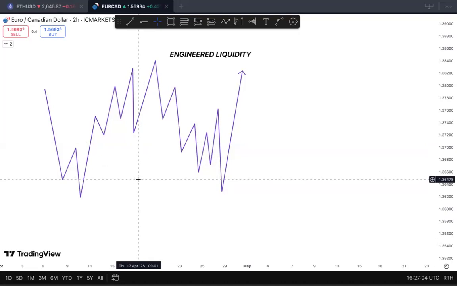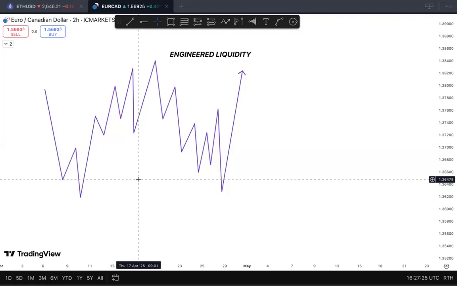If it is not a supply or a demand zone, don't expect an engineered liquidity. Just know that there is going to be an inducement liquidity. That means the main low will be used as the liquidity itself. So the main low will be swept.